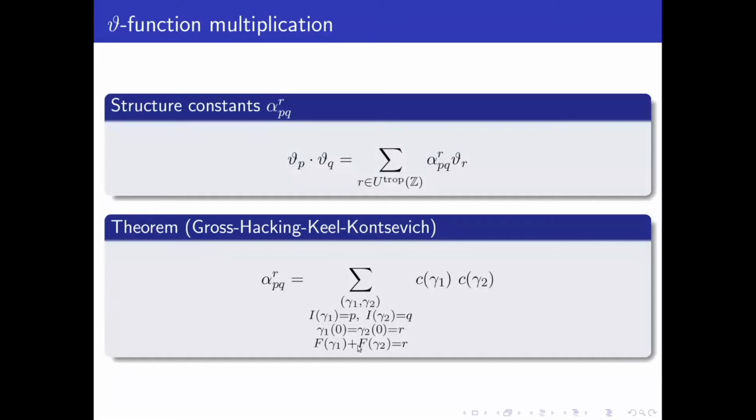Then the endpoints for both gamma 1 and gamma 2 will be r. And then the final exponent vectors, so the exponent vectors right near that base point r, are required to sum to r.